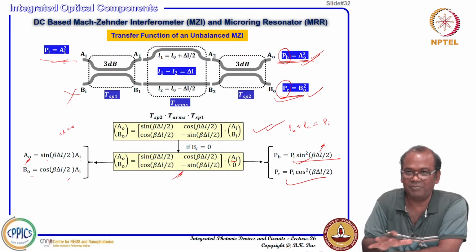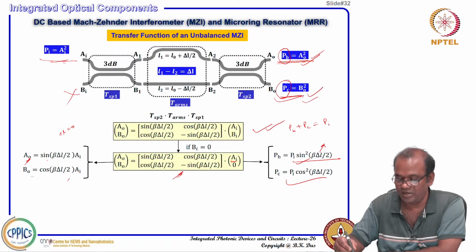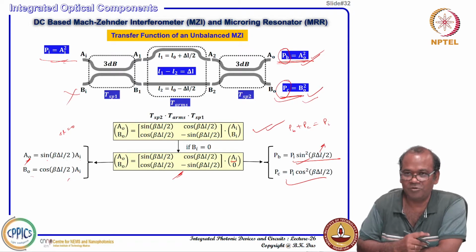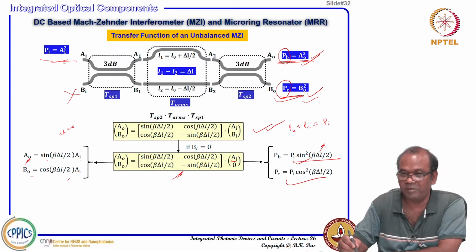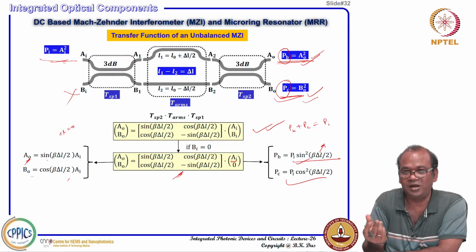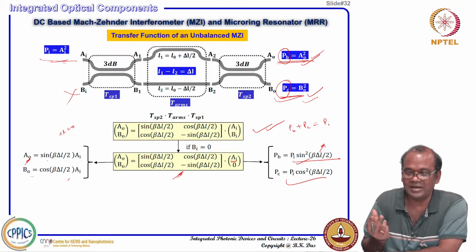If I design an unbalanced Mach-Zehnder interferometer, if I want to get the entire power maybe here, then delta L I can choose 0, and if I want the power to be distributed 50-50, I can just adjust delta L so that I can get 50-50. This delta L variation you can do actively or passively, that we will discuss later.